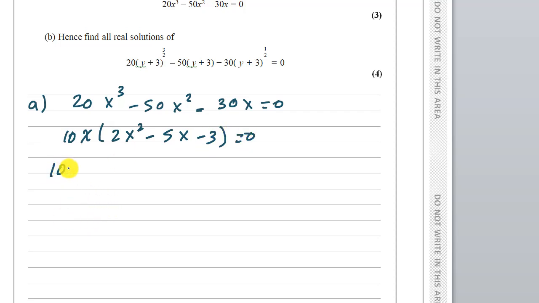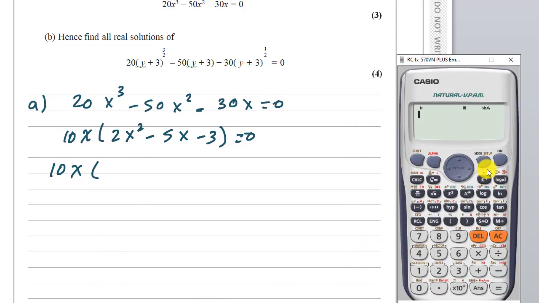And then 10x multiplied by, let us bring our calculator. So equation, 5 to 3. Now 2 enter, minus 5 enter, minus 3 enter.